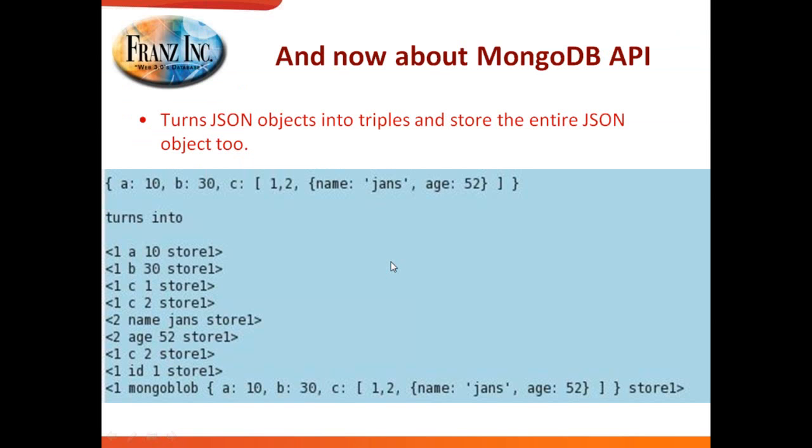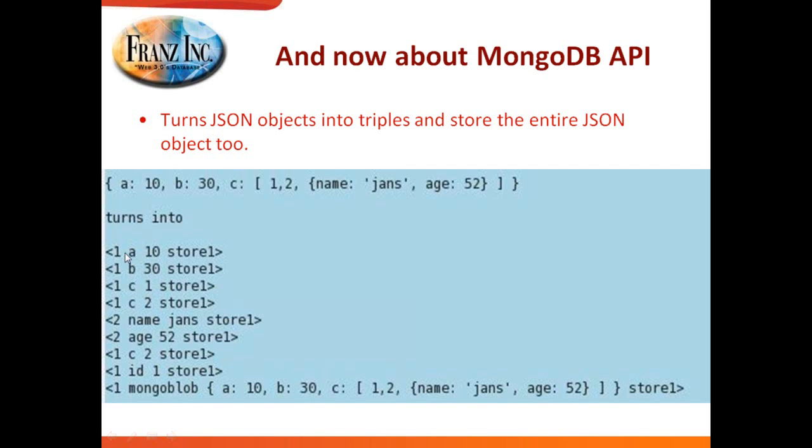And given that we already have the JavaScript compiler, what we can do is take JSON objects and turn them into triples, and then what we also do is we store the entire JSON object too. So if I take an arbitrary JSON object like here, A 10, B 30, C, and then a list of things where there's even another structure, well, actually we turn this into an object where 1 is the ID of the triple.